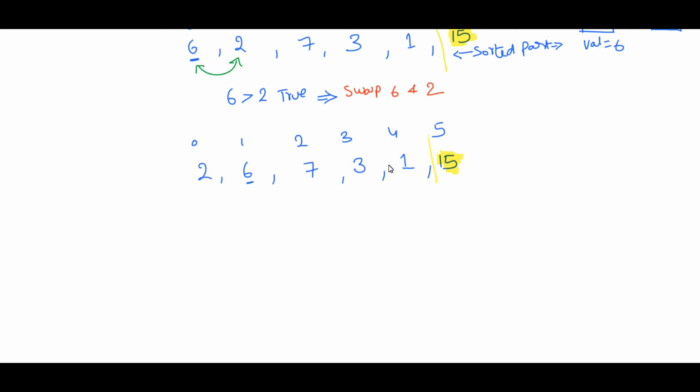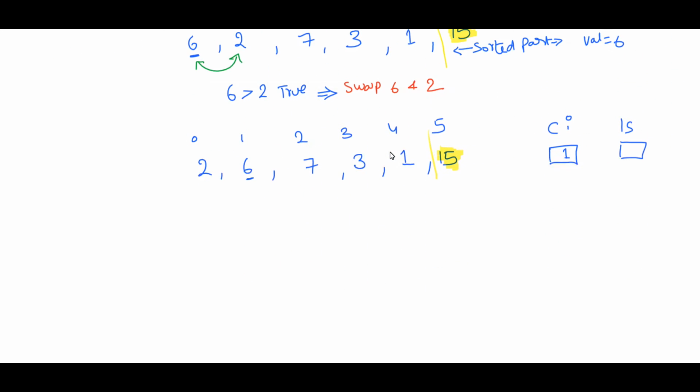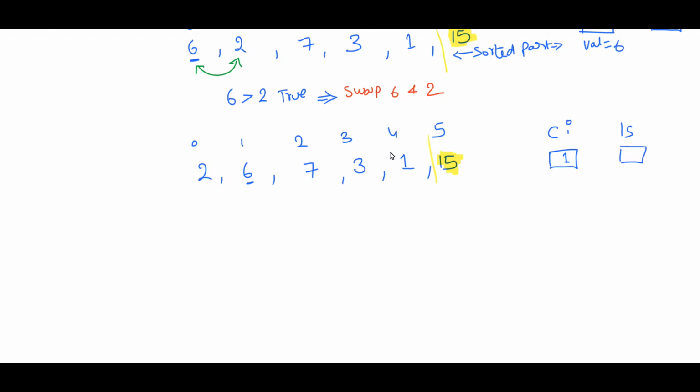So our CI is incremented every time. So our CI would be pointing to 1, and our lowest sorted index is pointing to position 5. So at this point, we would be comparing 6 with 7.